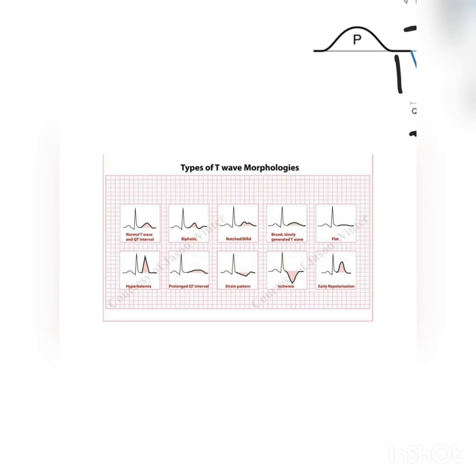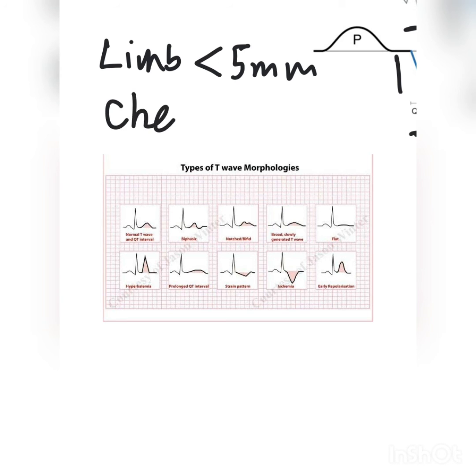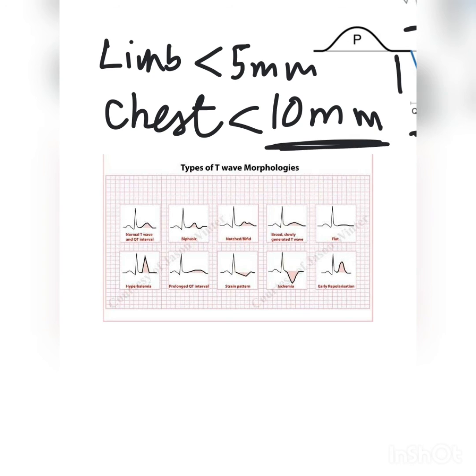The normal amplitude in limb leads is less than 5 mm, and in chest leads it is less than 10 mm. Quite easy to remember. Like 10 small boxes or 2 large boxes, or 1 large box or 5 small boxes.